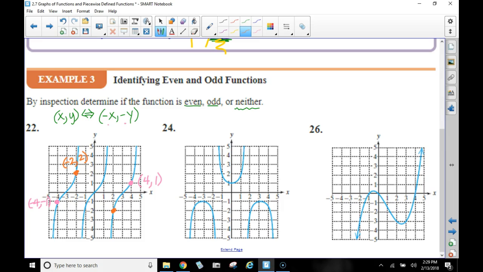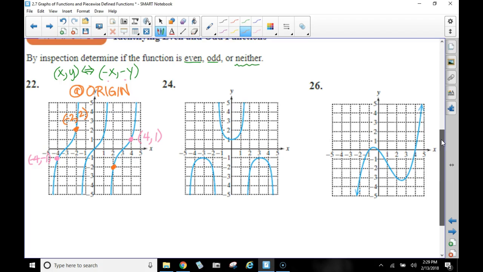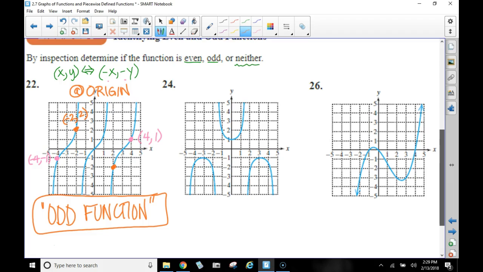So that means this is symmetric about the origin, which we call an odd function. This is an odd function.